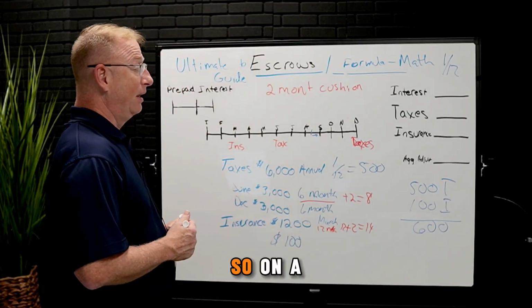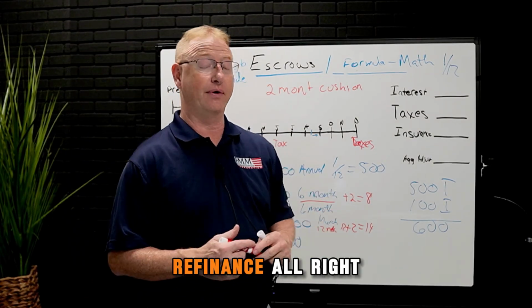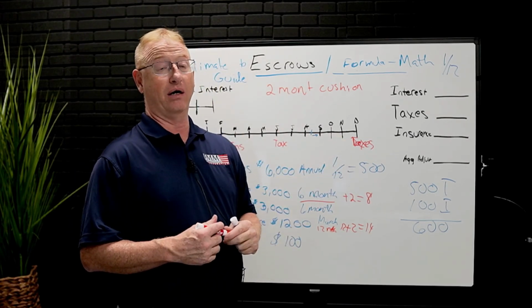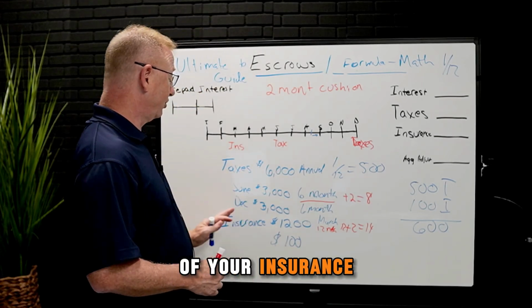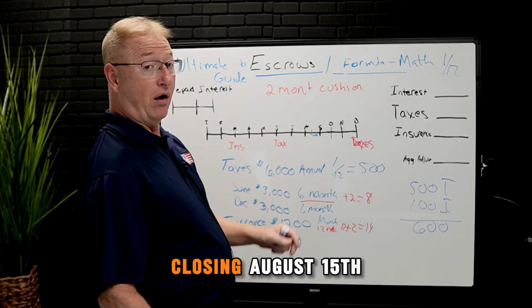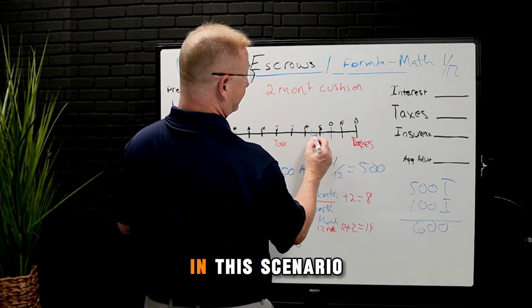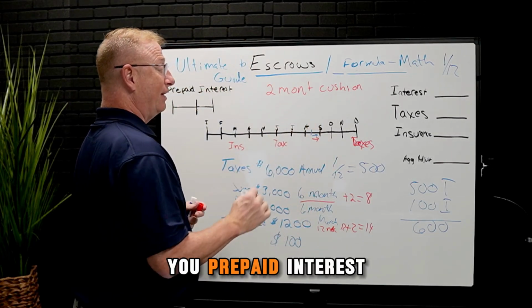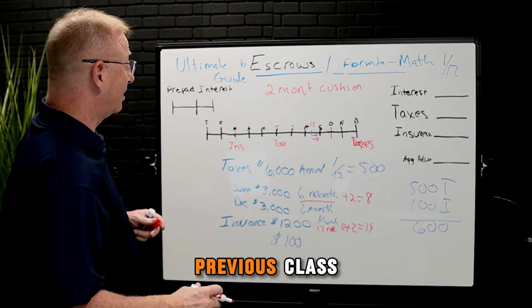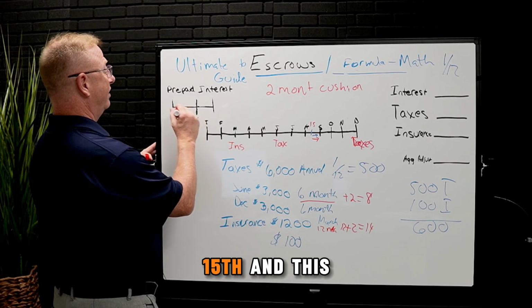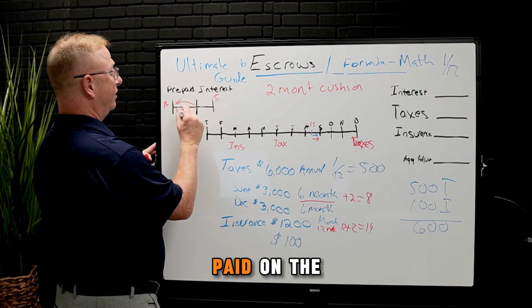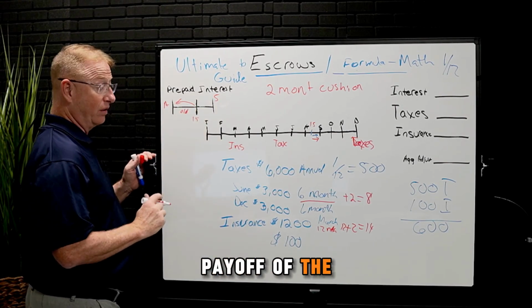On a refinance, you pretty much already know the dates of your insurance policy and when the taxes are due. Same on a purchase. If you're closing August 15th, in this scenario, you prepay interest to the end of the month. Remember in the previous class, if this is the 15th, and this is August and this is September, the old lender gets paid on the payoff of the old loan.